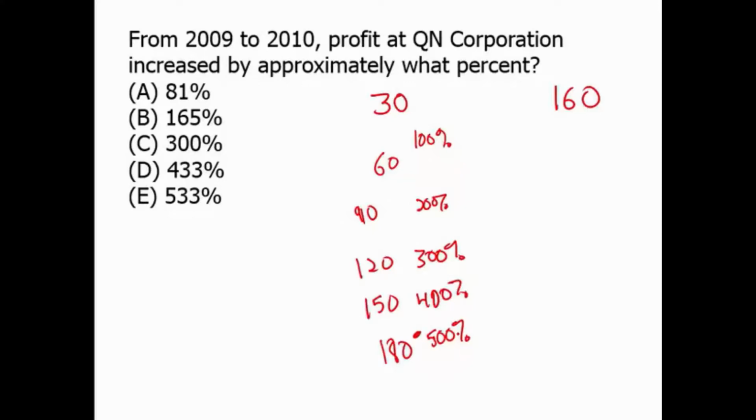Percentage increase is always about how much you are adding to the original. And so here we're adding a little more than 4 times 30, a little more than 120. And so that means that we're slightly more than 400%, but not as big as 500%. And the only possible answer is answer choice D.